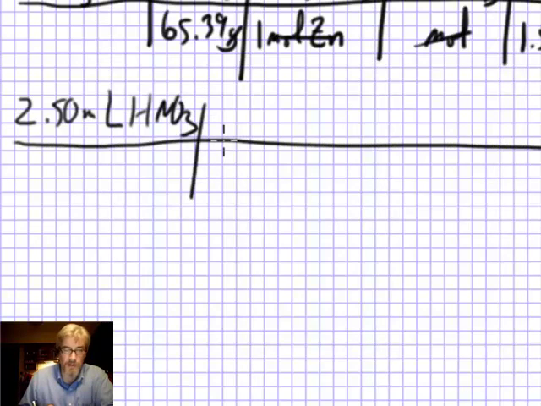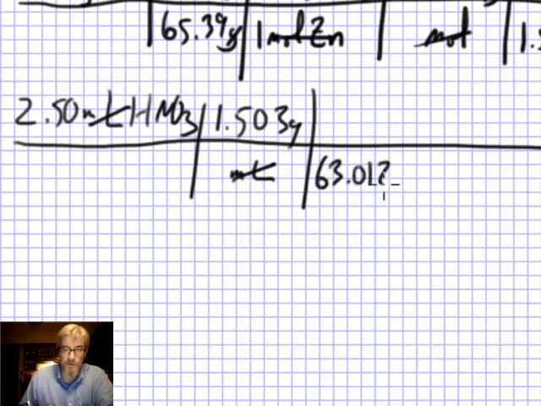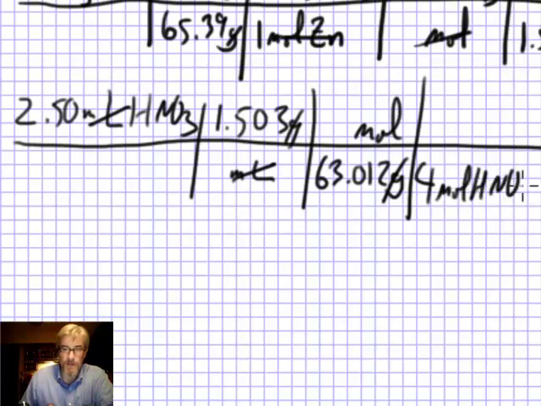First of all, I know that 1.503 grams are going to be 1 milliliter, and so this will give me grams of HNO3. I also know that 63.012 grams per mole is the molar mass of nitric acid, and I know that every 4 moles of nitric acid will produce 1 mole of zinc nitrate.